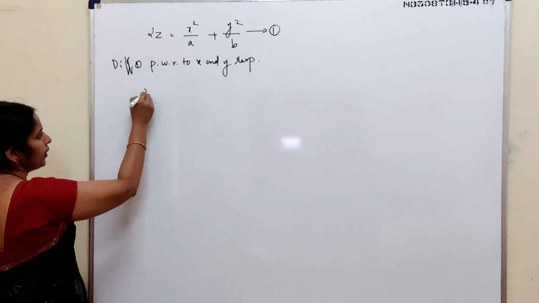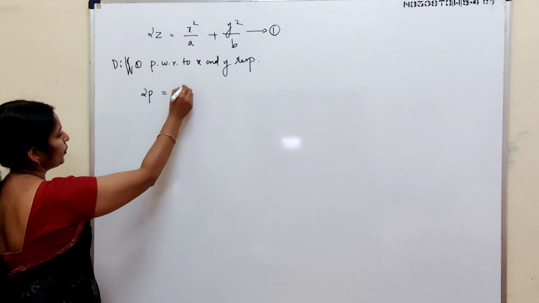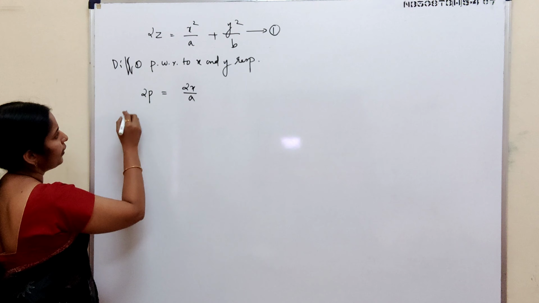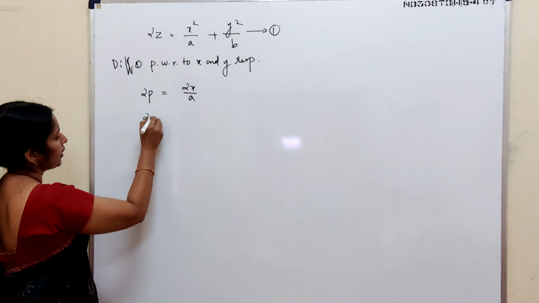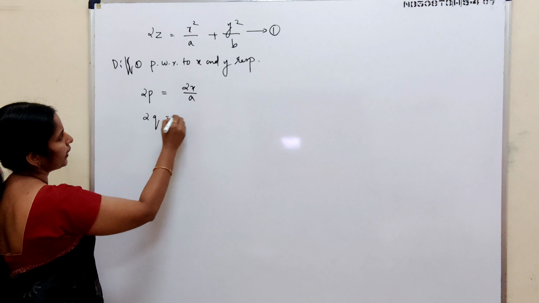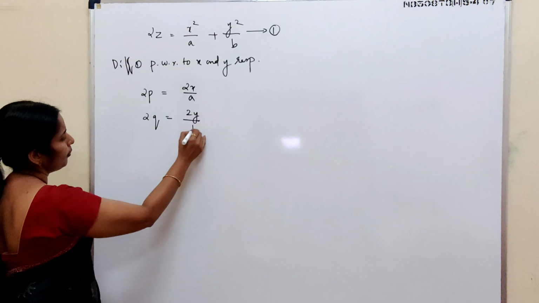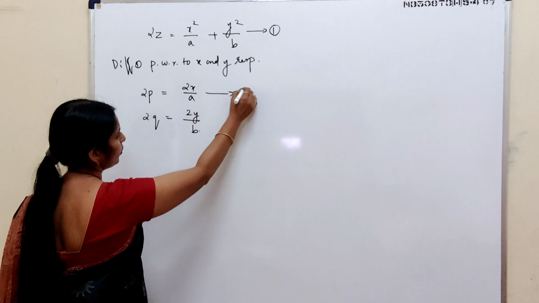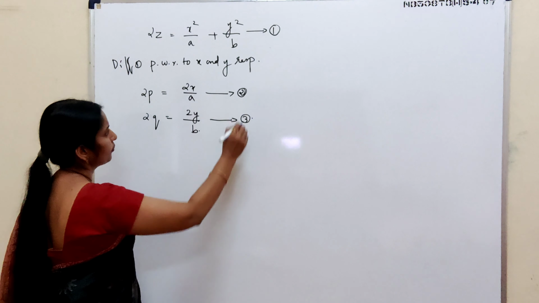So what is left side? It is 2p is equal to 2x by a. Again, while differentiating with respect to y, left side is 2q is equal to right side is 2y by b. Suppose this is equation number 2 and it is number 3.